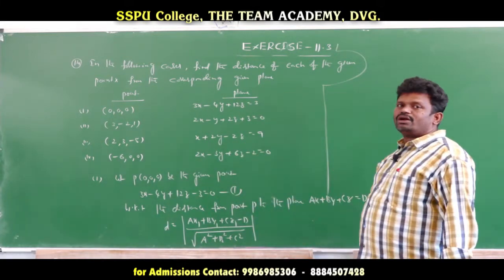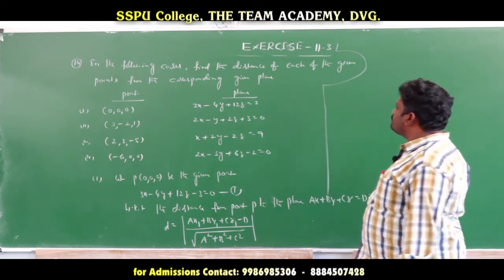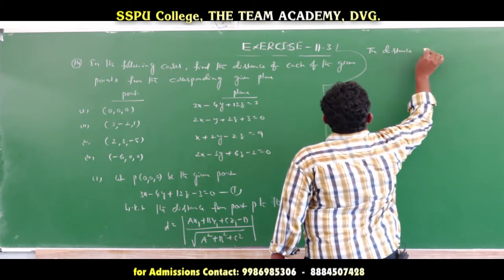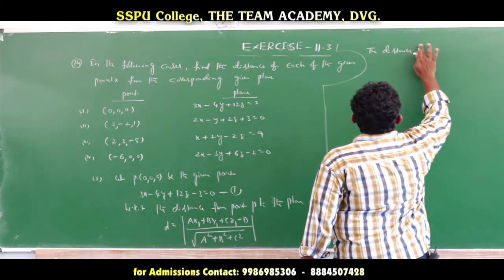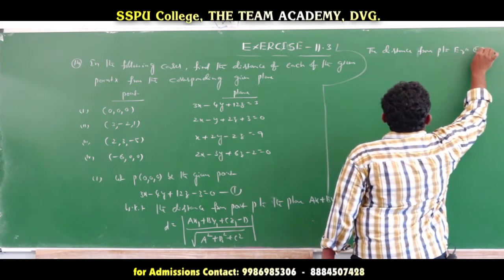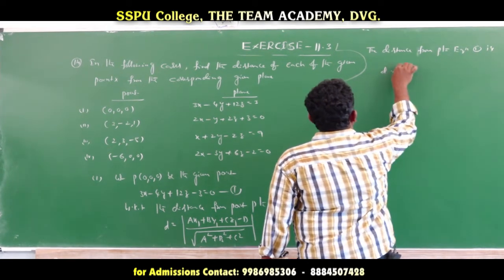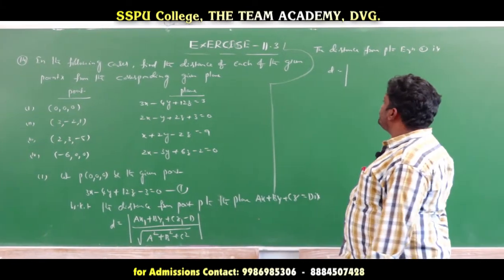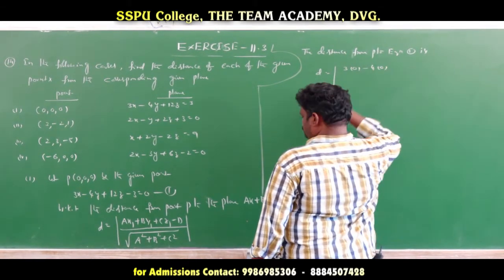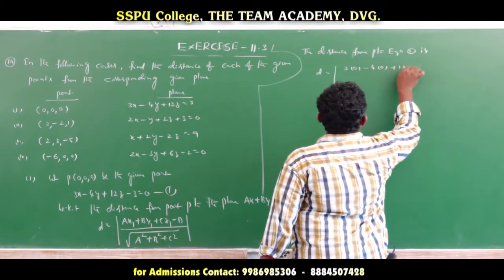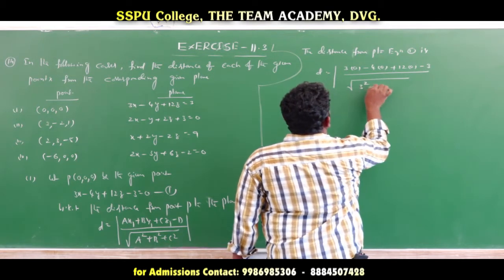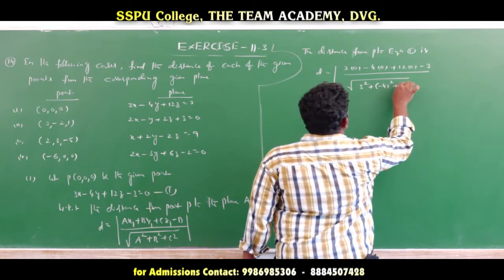Here the point P is 0 comma 0 comma 0. The distance from P to equation 1 is d is equal to, substituting the point in the given plane equation, 3 into 0 minus 4 into 0 plus 12 into 0 minus 3, divided by the square root of 3 square plus minus 4 square plus 12 square.